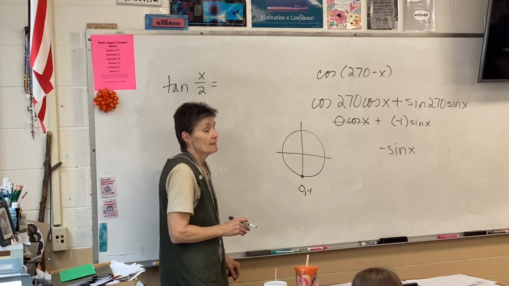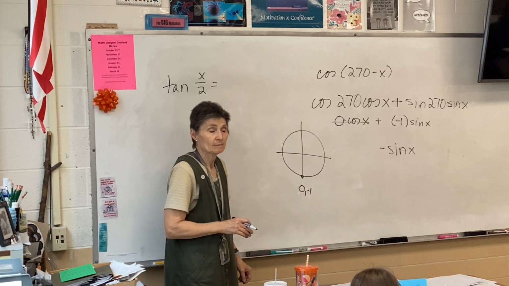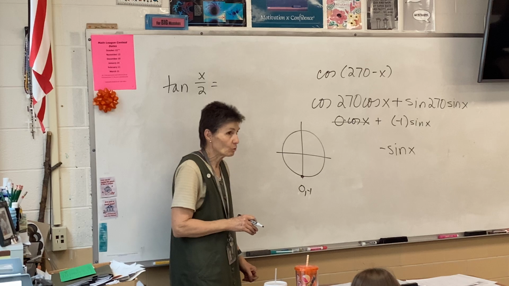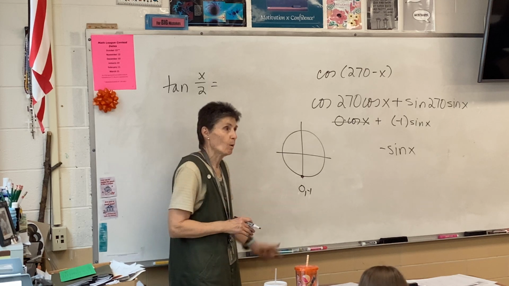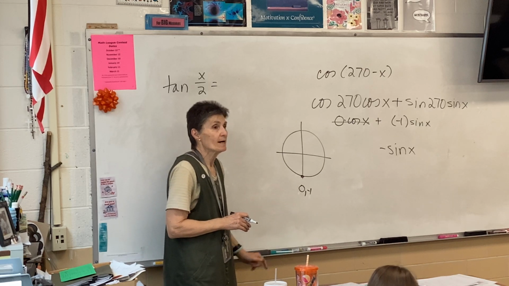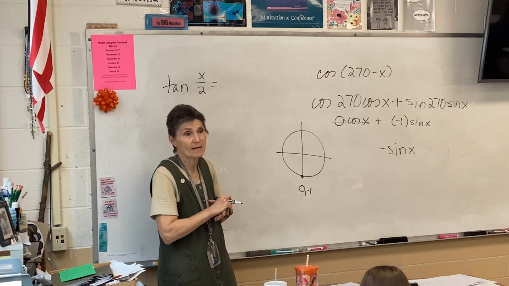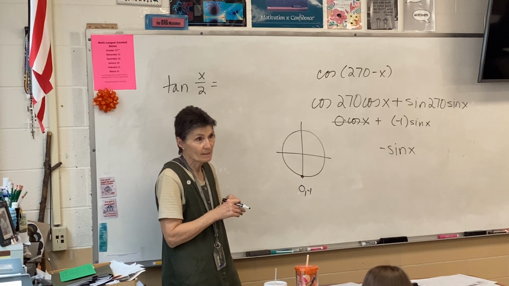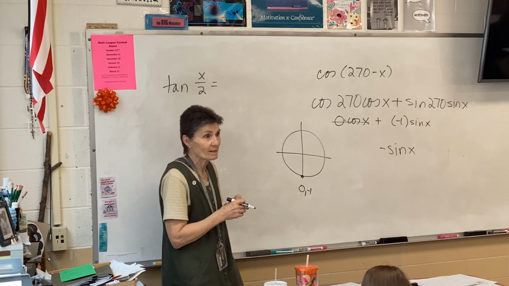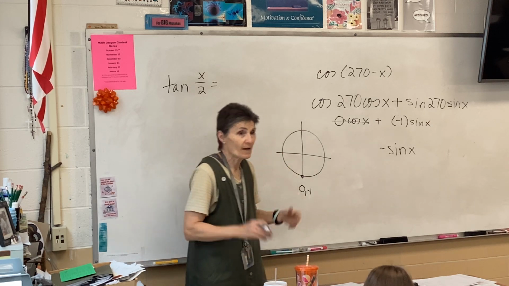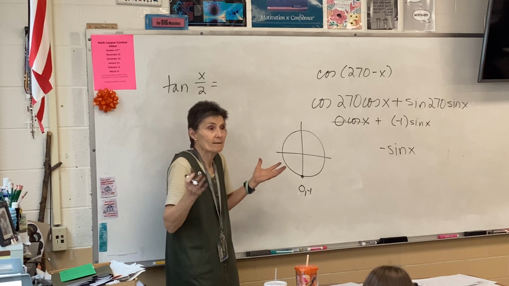Now, I would suggest that if you have a choice, you not do the one with the radical, because if you do the one with the radical, you are going to have to decide if it's positive or negative. If you do one of the others, then it just works out, right?